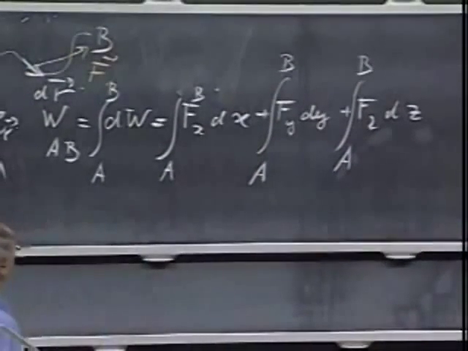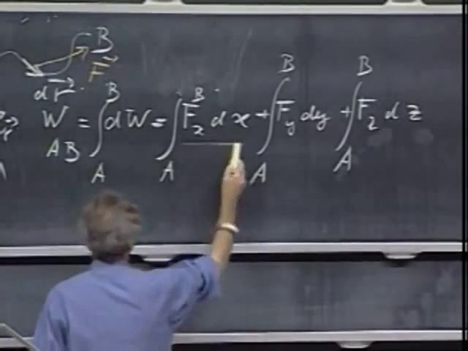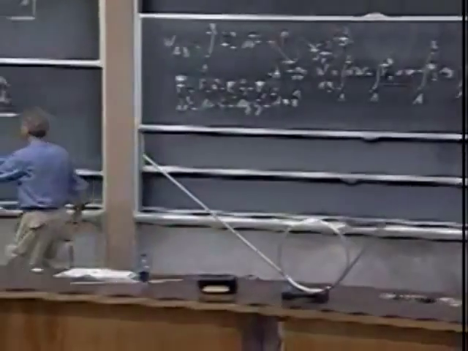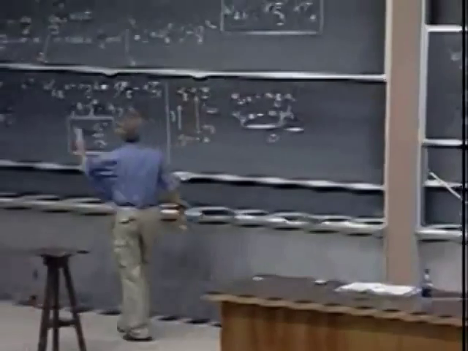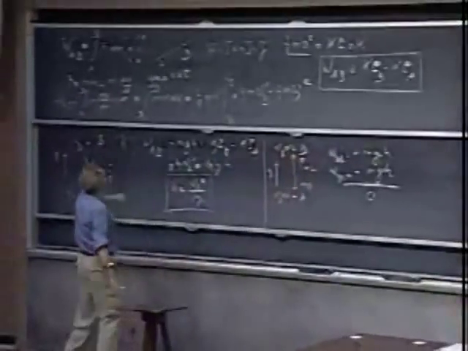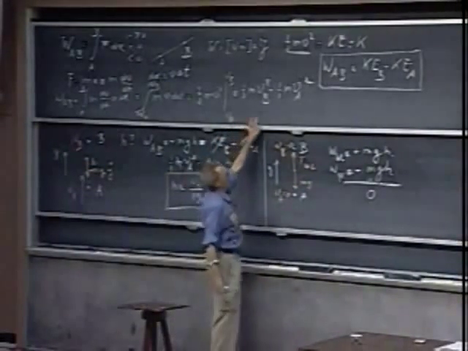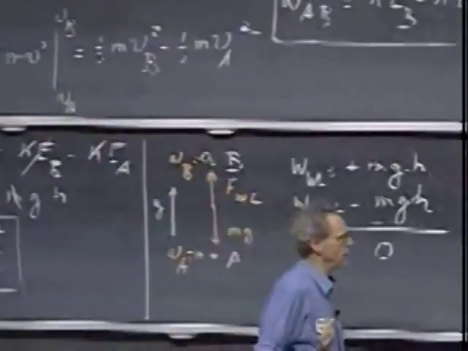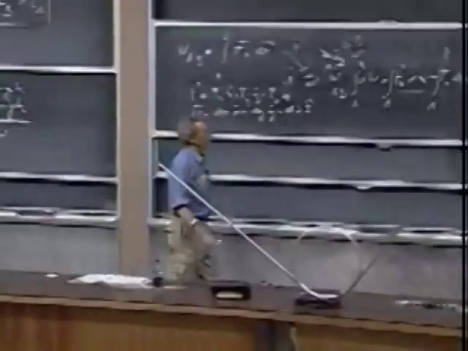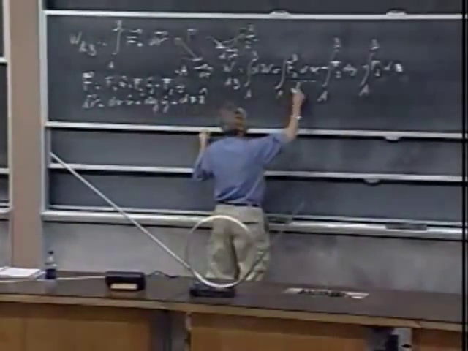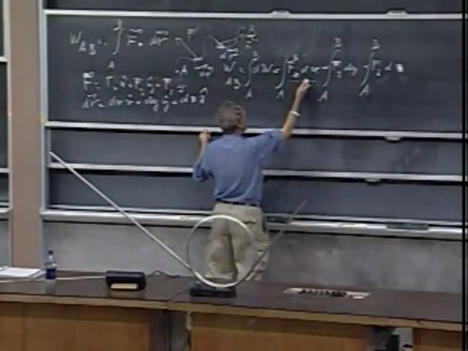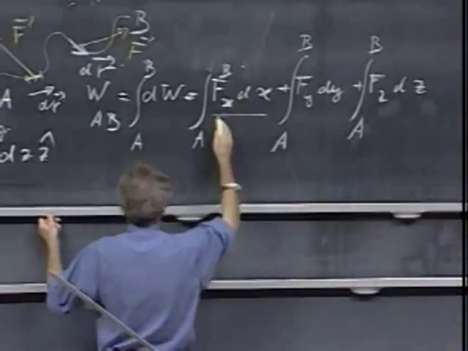Now we're home free because we already did this. This is a one-dimensional problem, and the one-dimensional problem we already know the outcome. The integral f dx, we found that is 1/2 m vb squared minus 1/2 m va squared, which in this case is obviously the velocity in the x direction, because this is a one-dimensional problem. And the one-dimensional problem indicates that the velocity that I'm dealing with is the component in this direction.